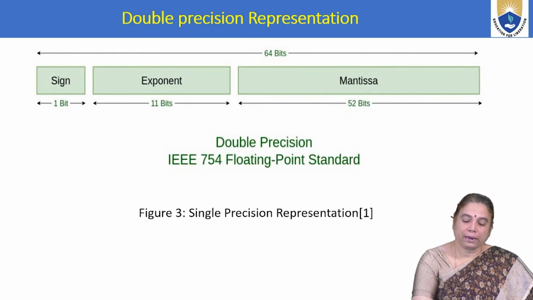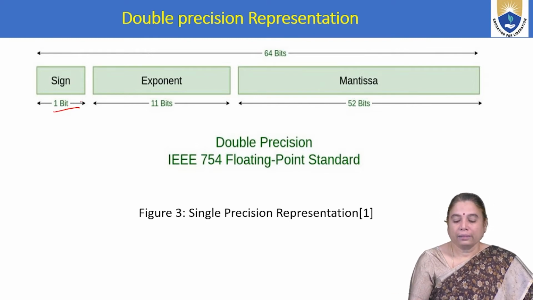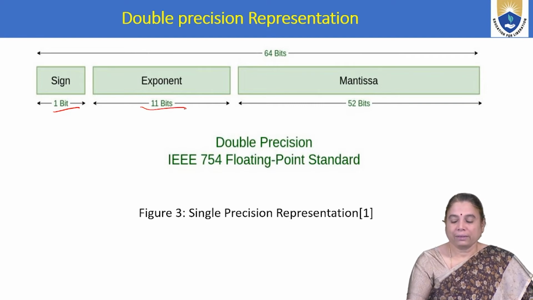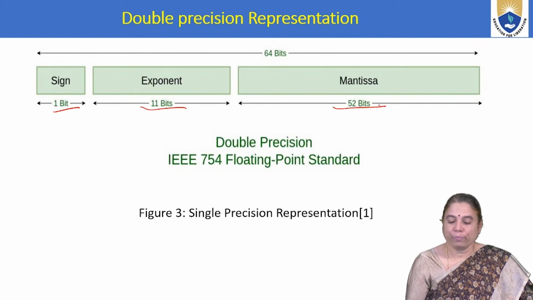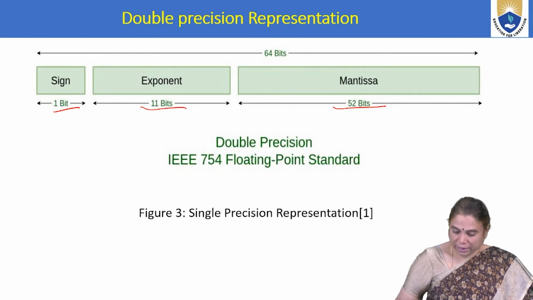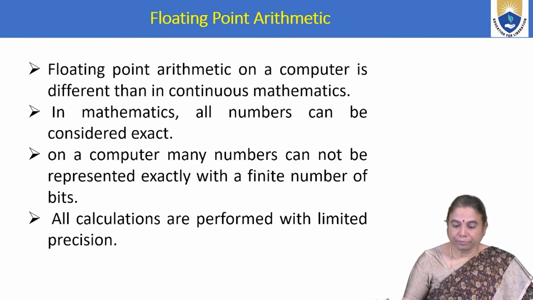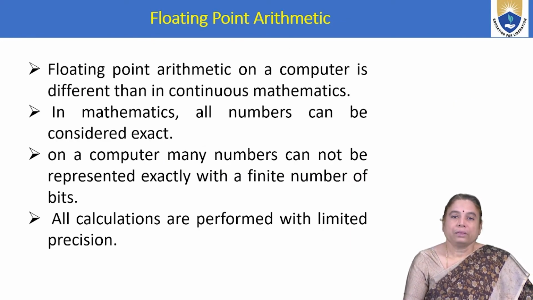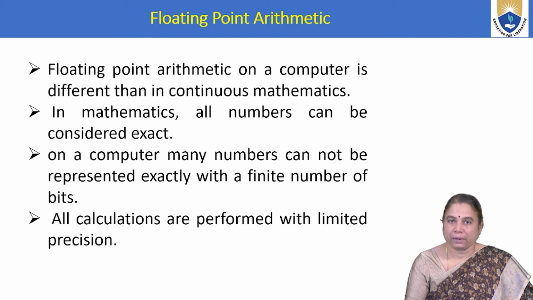The sign bit occupies 1 bit, the exponent occupies 11 bits, and the mantissa occupies 52 bits. In this way, the double precision representation is represented. So these are the two ways in which single precision and double precision numbers can be represented.